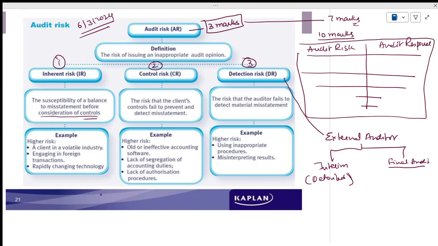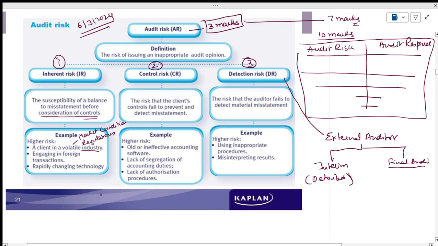What is the risk? High risk: a client in a highly volatile industry. Changes are there. Regulations are changing all the time, rules are changing all the time, market conditions are changing, and political factors are also changing.